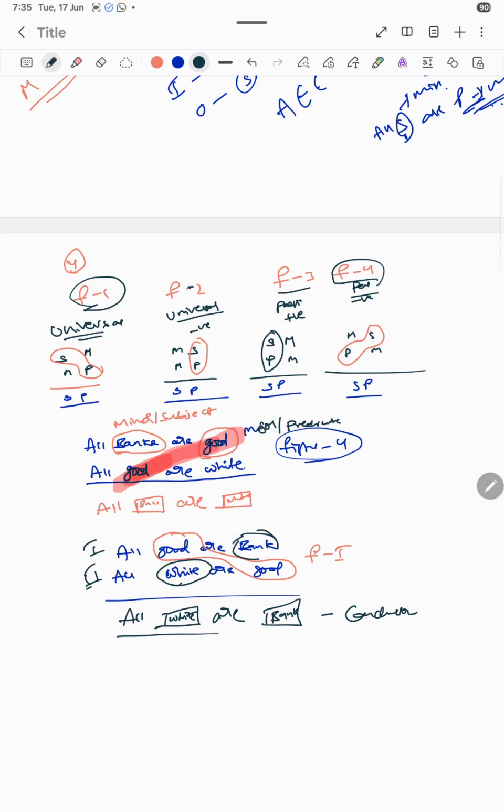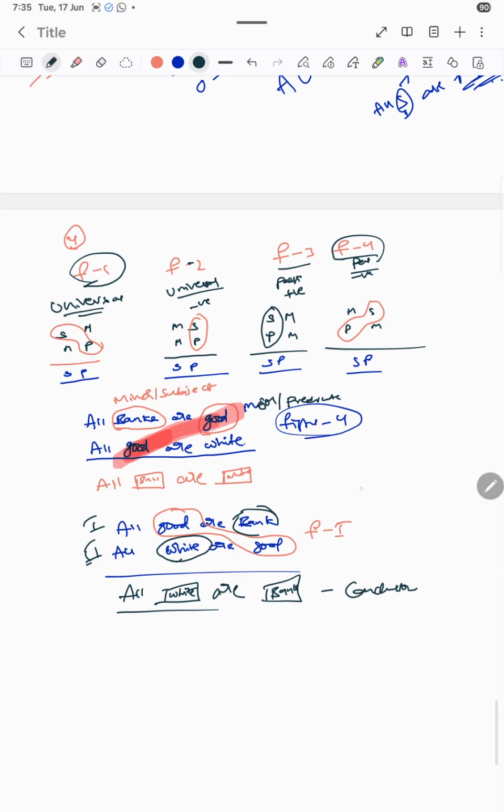Now if we take figure 2, right? All bank are good. All white are good.